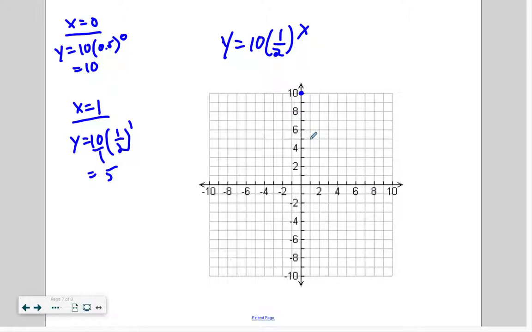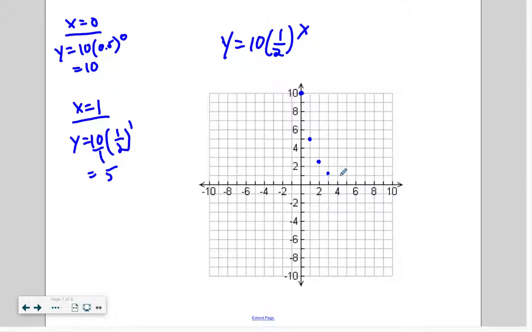So it looks like as I'm moving to the right, now I'm multiplying by 1/2, right? I'm doing half of the previous value. Half of 5 then is 2.5. And half of 2.5, as I move again, is 1.25.